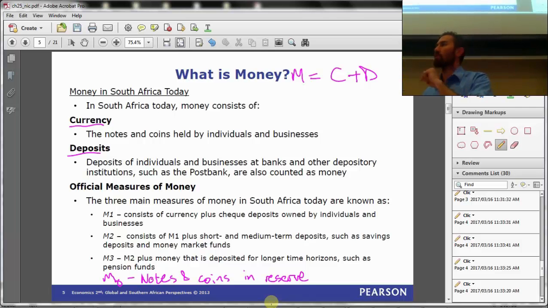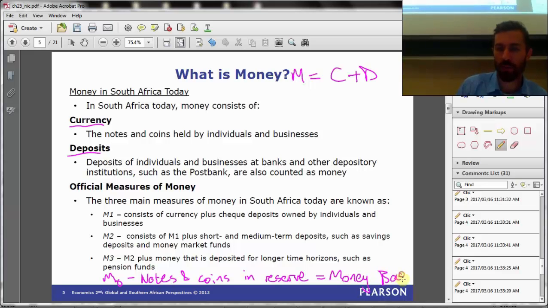If there are notes and coins which are held by the banking system in something called reserve, in other words, they're not in circulation, then they form part of the money base. I'm just double checking that I'm correct on this, but I'm pretty sure that's the money base. Okay? M naught.